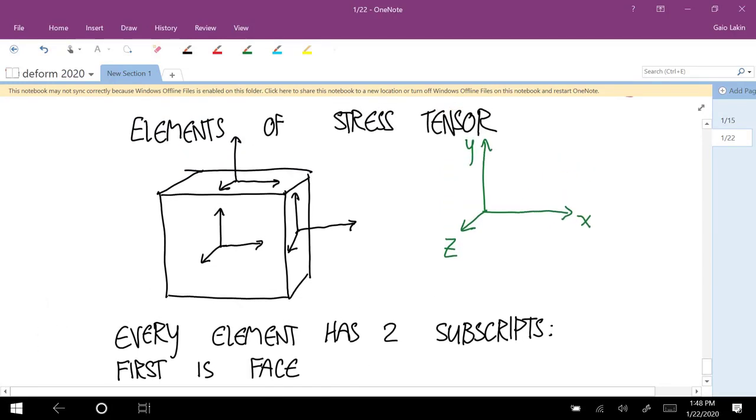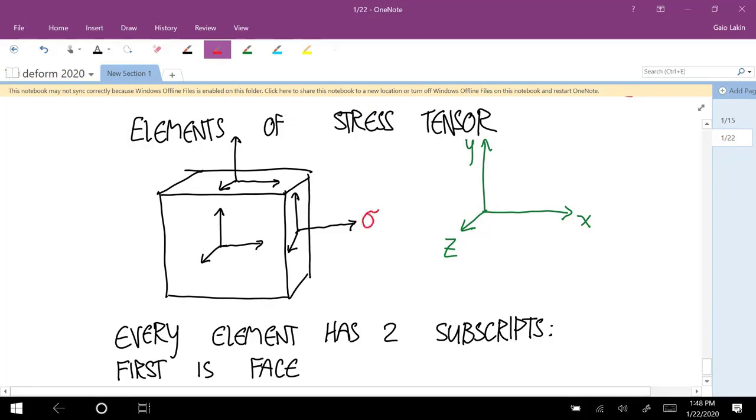Okay, so this component, so to think about what face you're on, you want to think about which axis is pointed from the inside to the outside of that face. So this face, let's do this one first, okay? Which of these three axes, if you started on the inside, would point out of that face perpendicularly? X, yep, so that's the X face.